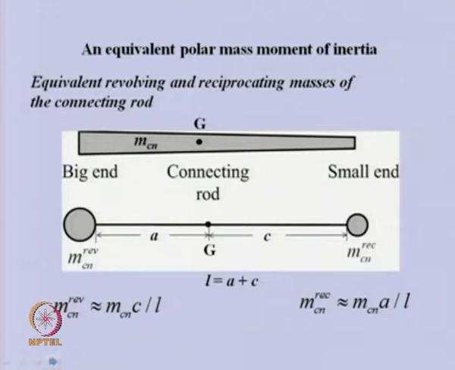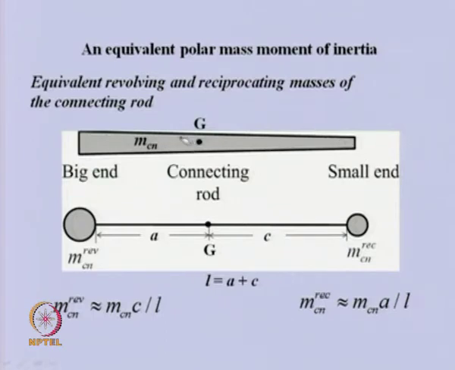So, we will start with the crank connecting rod. You can see this is a connecting rod in which one end is the big end and the other is the small end. As such, this connecting rod is a rigid body, and the mass is continuously varying from one end to the other.